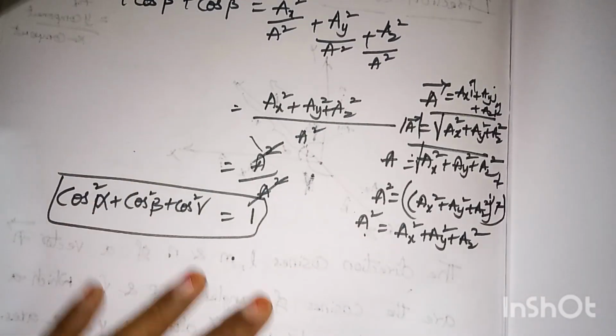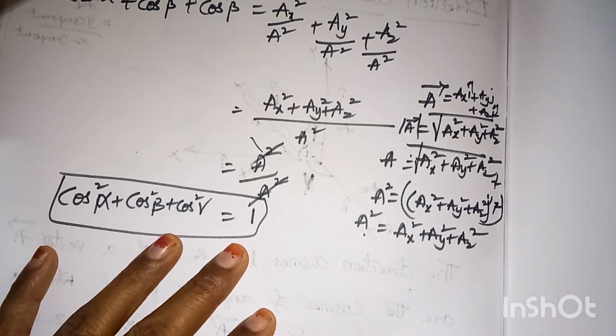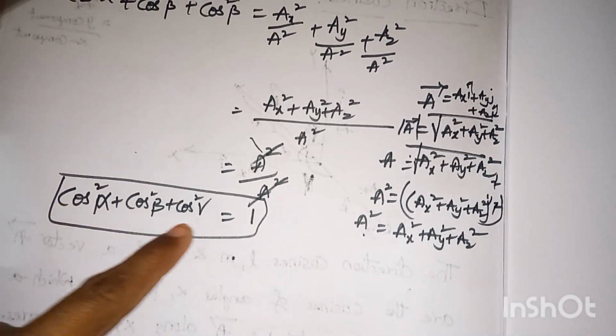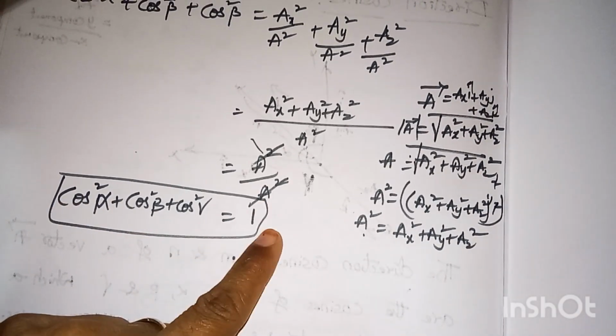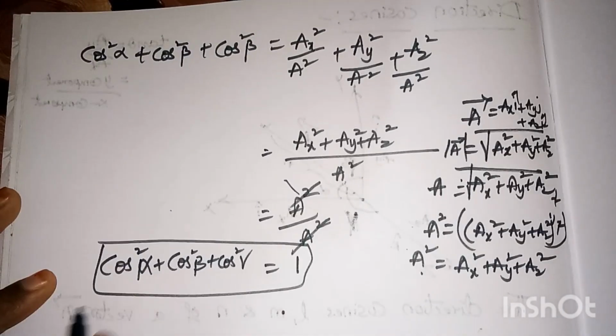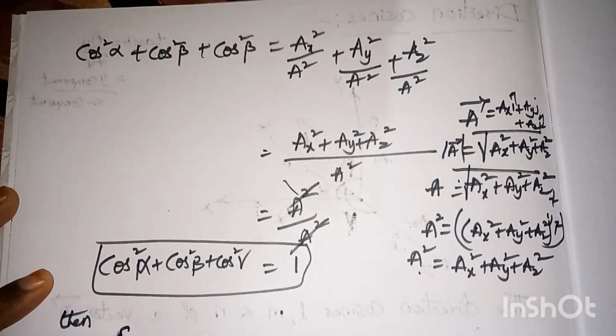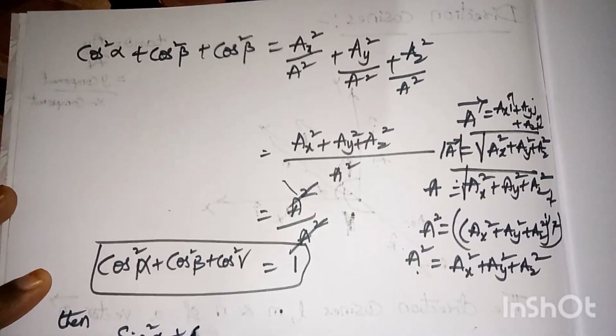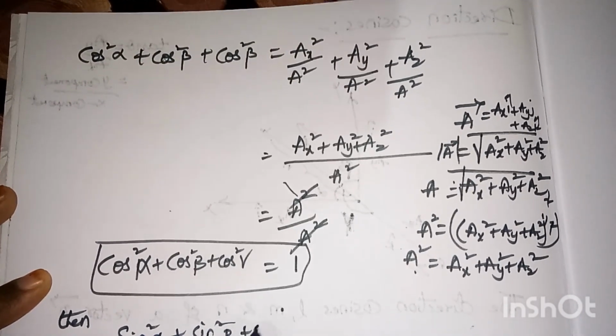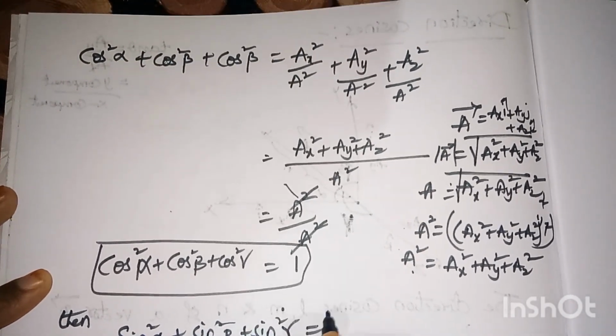So this is a very important multiple choice question: if cos square alpha plus cos square beta plus cos square gamma is 1, then sin square alpha plus sin square beta plus sin square gamma is equal to question mark.